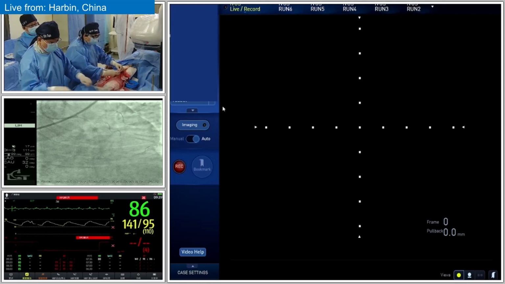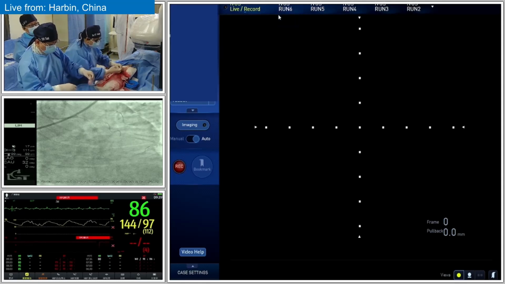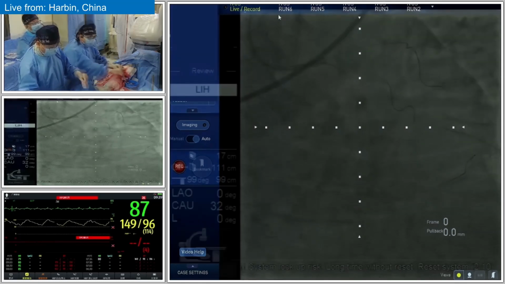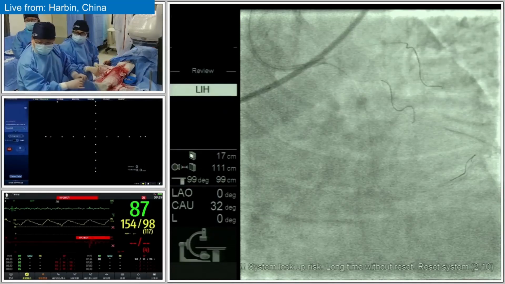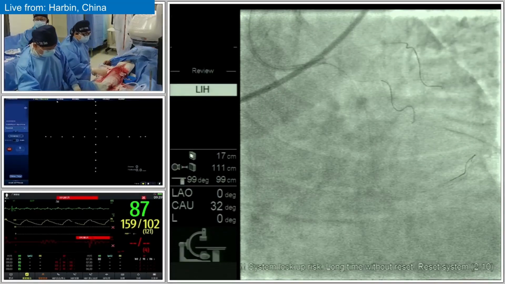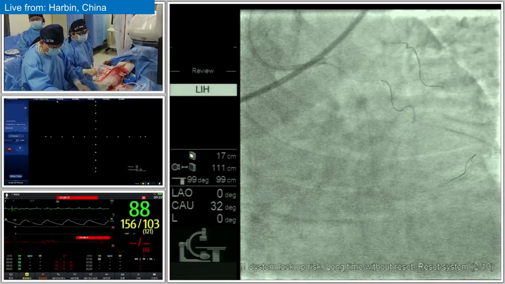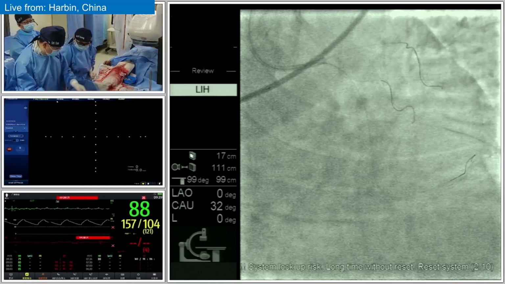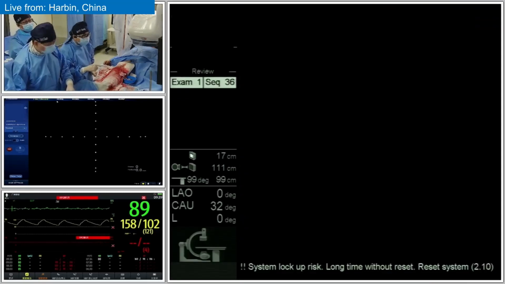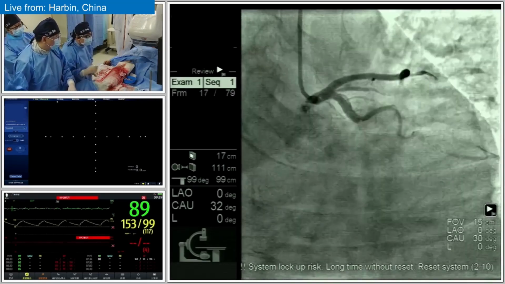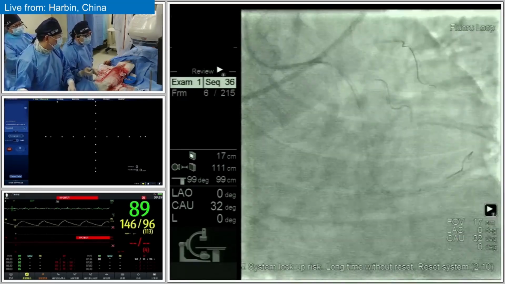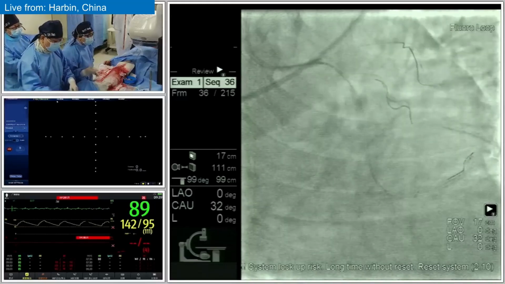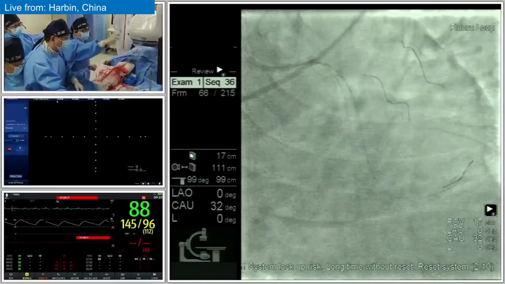How long is the first stent? The longest? 38? 2.5. Yeah. Okay. Review the imaging. Left. Okay, it's about here. Okay.